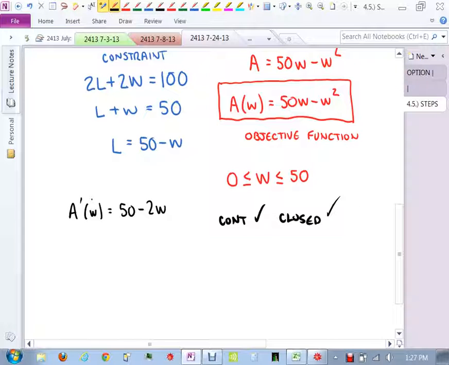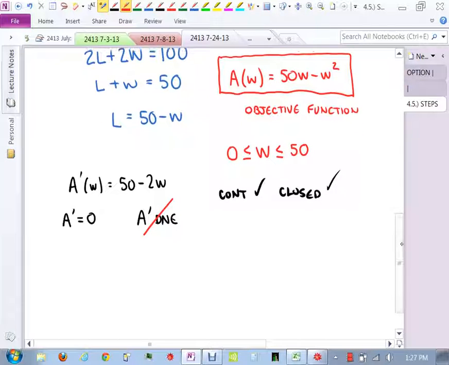What are we supposed to do with that? Set it to 0, find out where it doesn't exist. If it doesn't exist, I don't have to worry about it, right? Because it's actually a linear function at this point. And set it to 0.